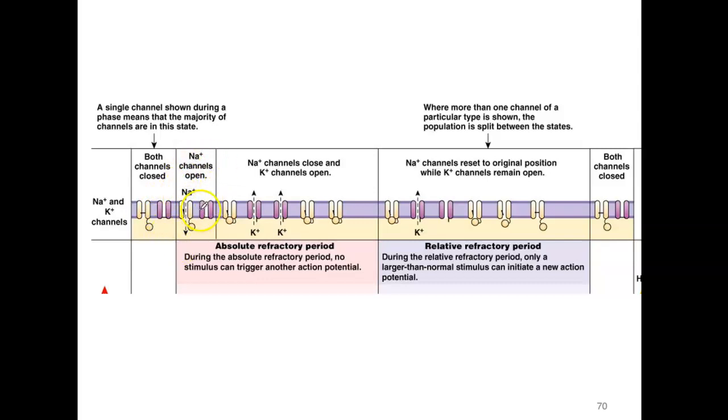Then the sodium channel is going to open. So sodium channels opened, and I have sodium coming in. And then sodium channels close and potassium channels open, right? Doing the things, but I've already closed the sodium channel. This is the absolute refractory period. You cannot re-stimulate it. But let's draw a line here.